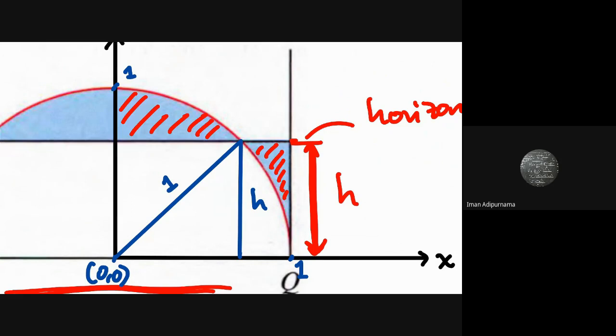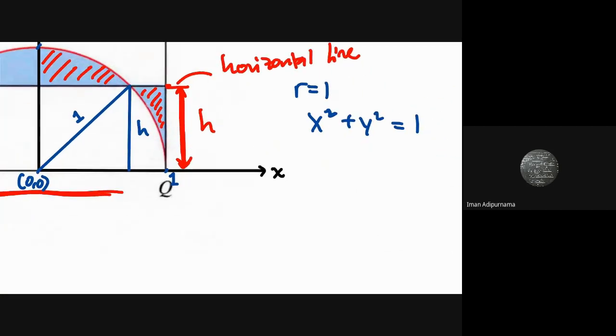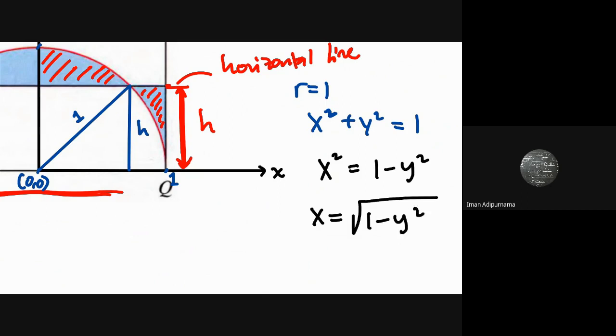We need to find the area either using dx or dy, depending on you. For my case, I will write in terms of x squared equals 1 minus y squared. So x is the square root of 1 minus y squared. Why?